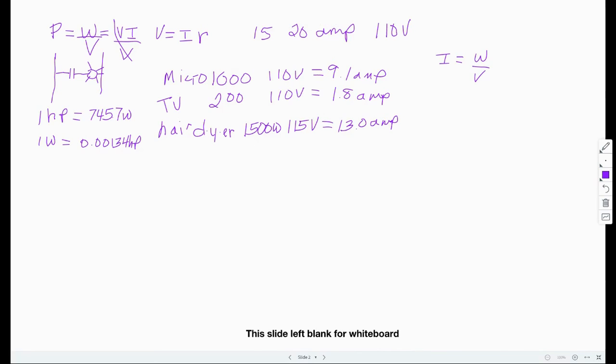Okay, so would this fit on a 20 amp breaker? And the answer is no, probably not. I've got 14.8, so almost 15 amps just between these two. And generally what you'll see, not always, but a microwave will have its own dedicated circuit.